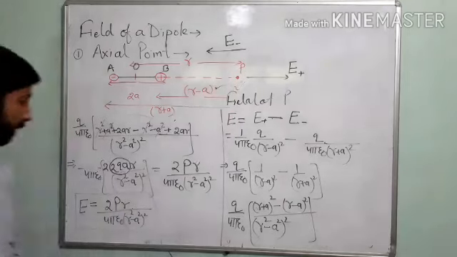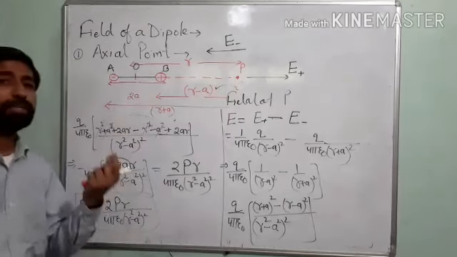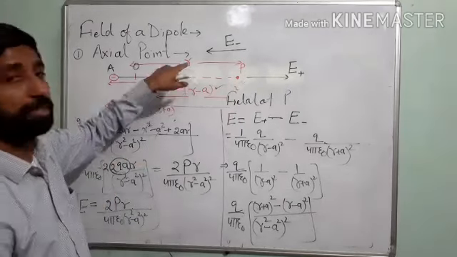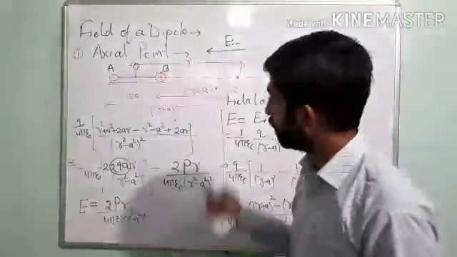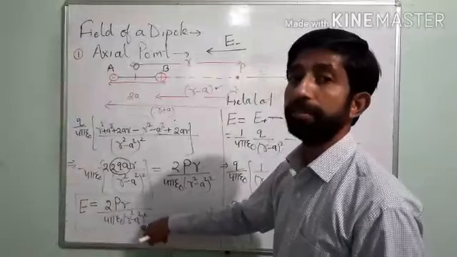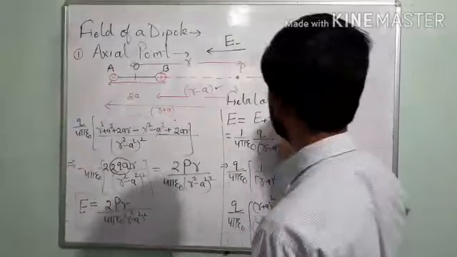Now, what if the size of the dipole is very, very small compared to the distance of the point from the center? Only we have to put this condition that A is very, very small. Then A gets away.